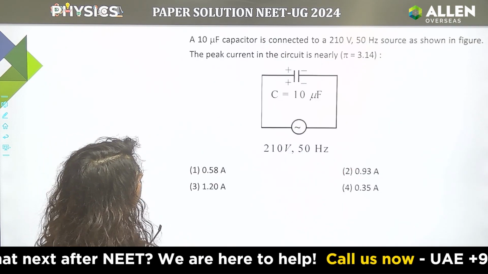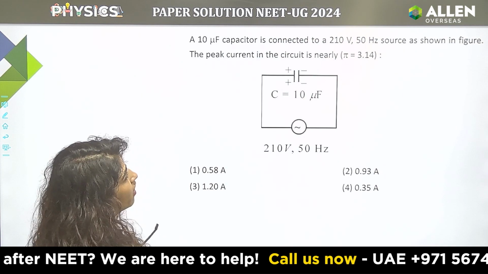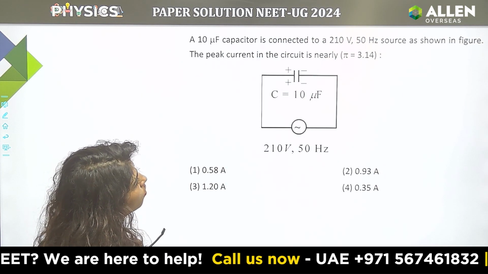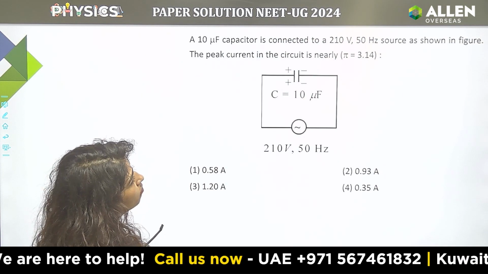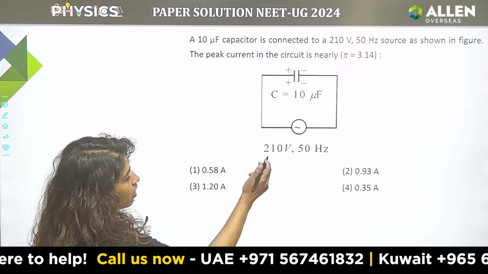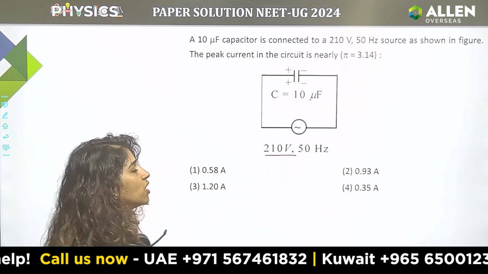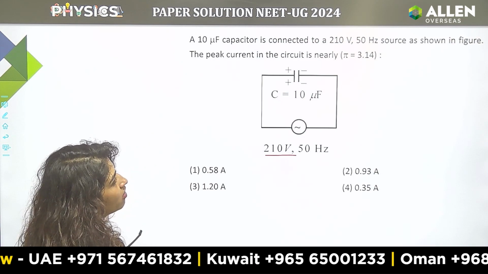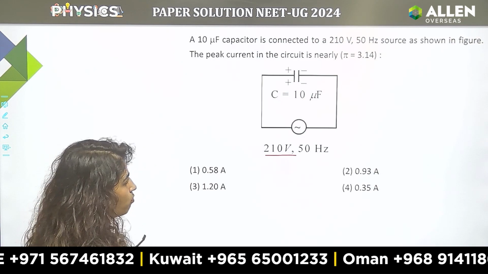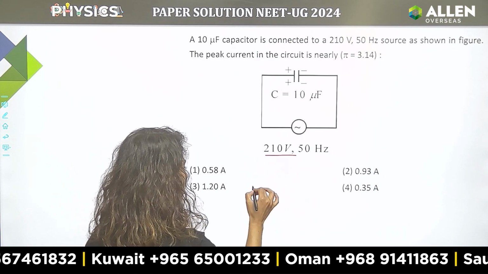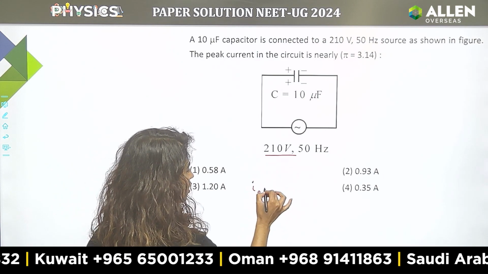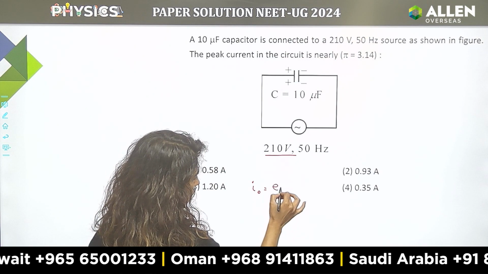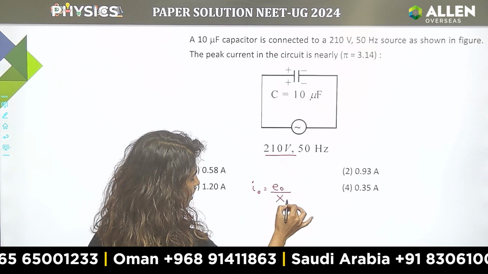Next question is given. A 10 microfarad capacitor is connected to an AC source 210 volt and 50 hertz. The peak value of current in the circuit is going to be. Now, how will you find the peak value? I can say peak value is equal to E naught upon XC.